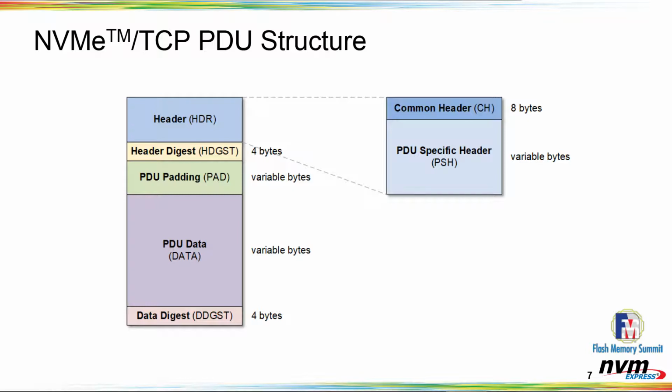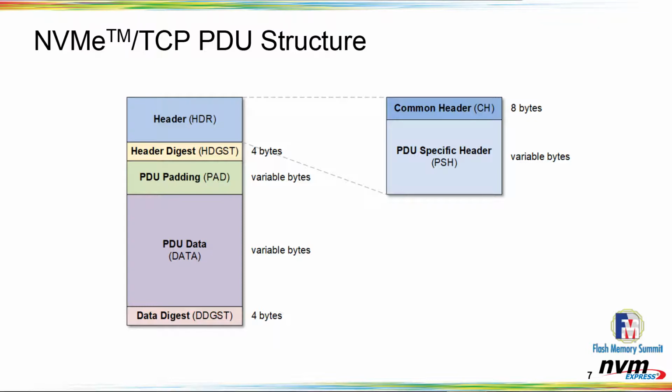Behind that, we have an optional header digest, which is a 4-byte CRC32C data integrity part that protects the header, keeps the TCP stream in sync, and validates the correctness of the data.